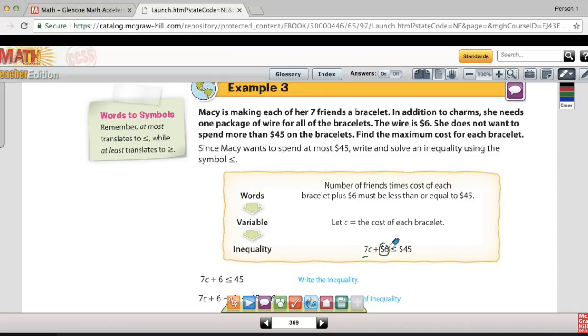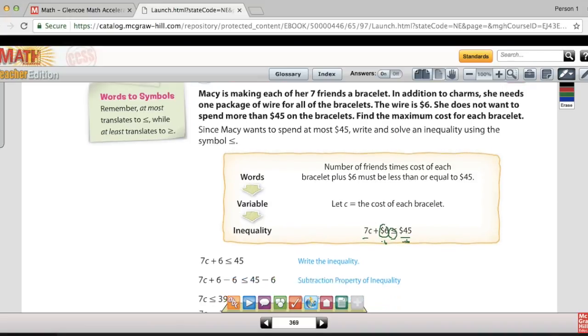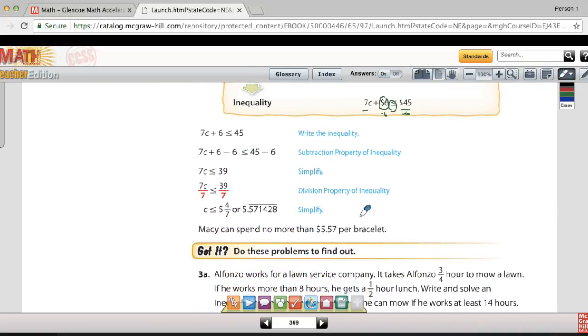Add in the amount of wire, and then she does not want to go over $45, so less than or equal to. When you subtract 6 from both sides and then divide by 7, we find out that each person cannot be spent more than $5.57.